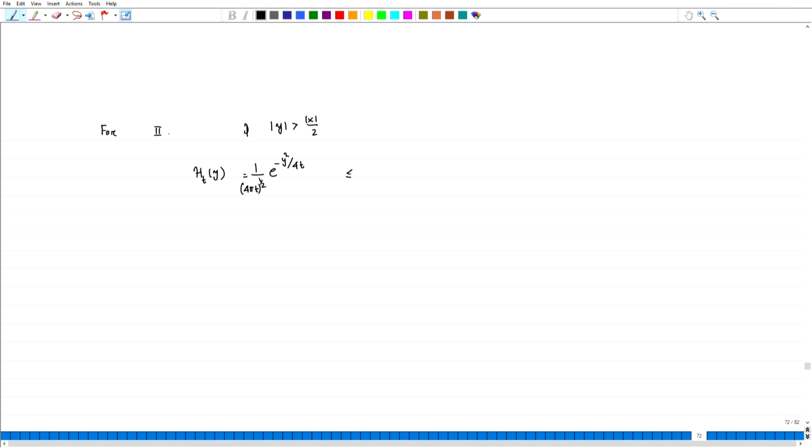This is lesser or equal to 1 by square root of 4 pi t and e to the power minus mod x square by 16t. As you can see, as t goes to 0, this function goes to 0 much more rapidly than square root of t. Therefore, this is a bounded function.